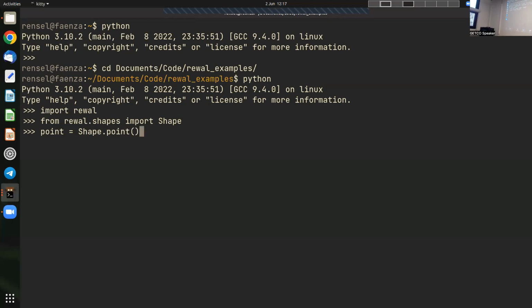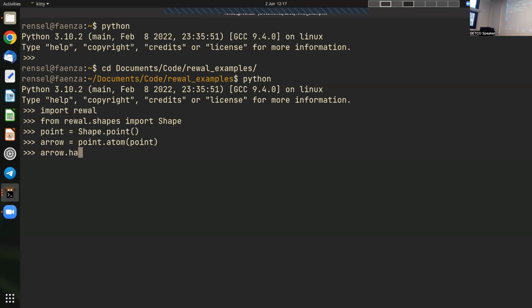If you remember, the starting point was always the point. Then the way that you get an arrow is by using this atom constructor between two points.